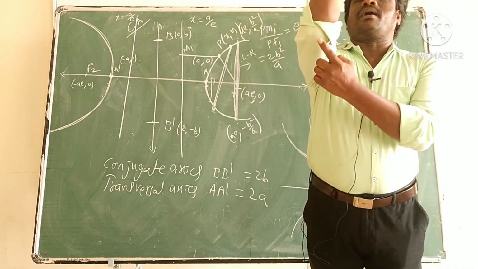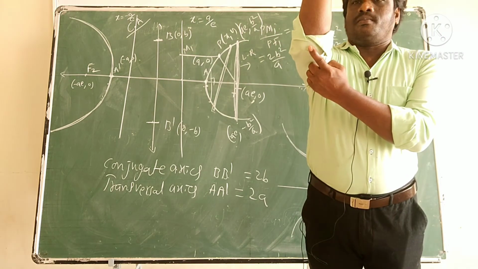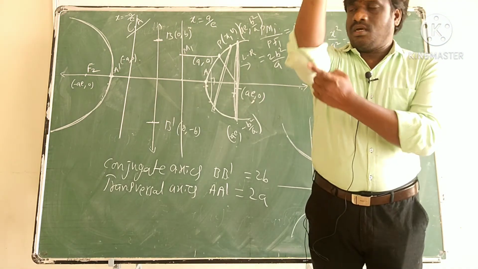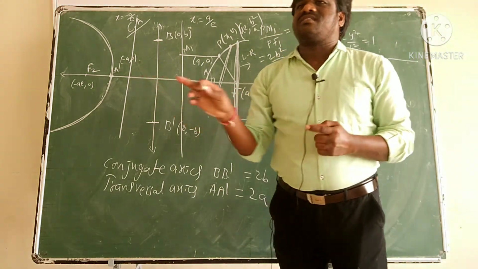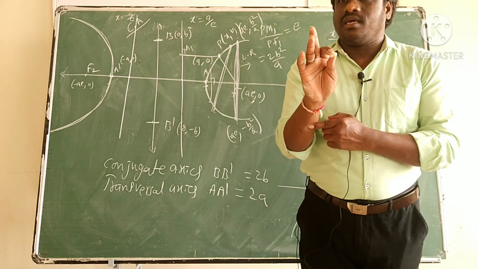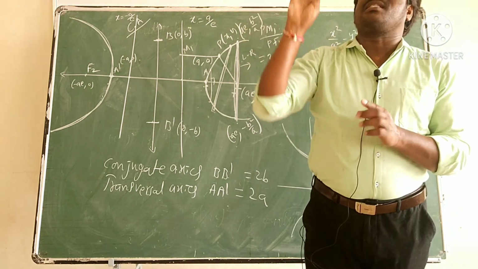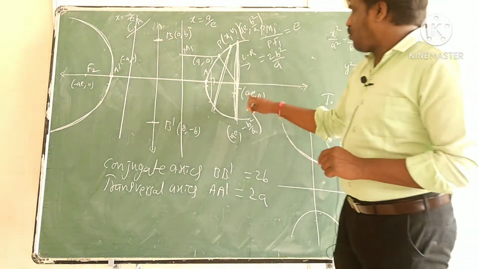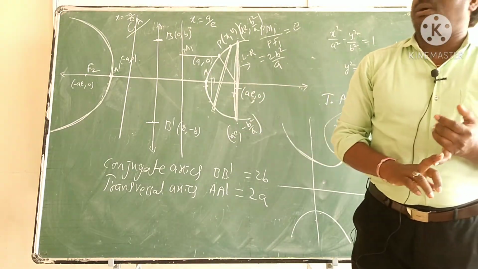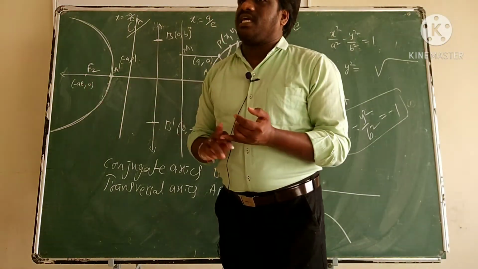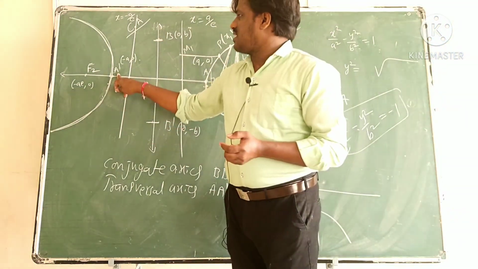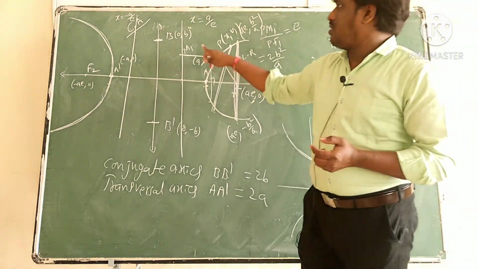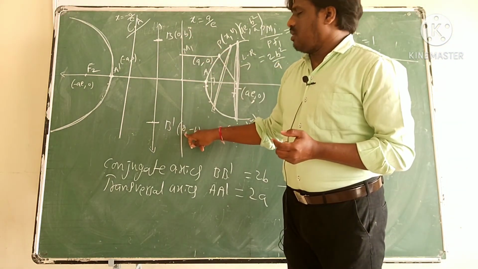The axis perpendicular to the transversal axis is called the conjugate axis. The length of the transversal axis is 2a and the length of the conjugate axis is 2b. The focus point is ae comma 0 and here minus ae comma 0. The vertices are minus a comma 0, plus a comma 0, 0 comma b, 0 comma minus b.